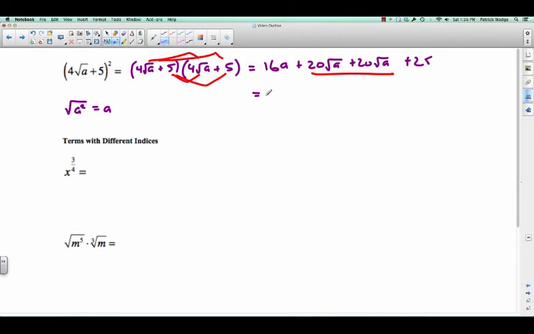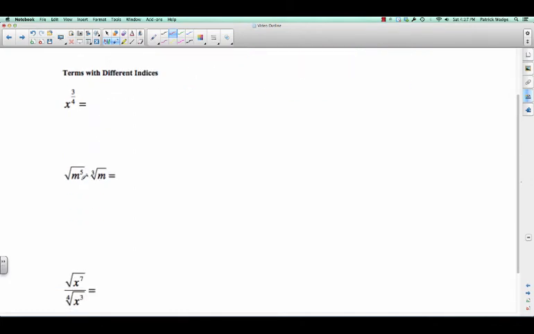You can combine those. So 16a plus 40 root a. Remember, when you add, you need the terms to be the same, and it stays the same. So it's still root a plus 25. There's nothing else you can combine. You are finished.